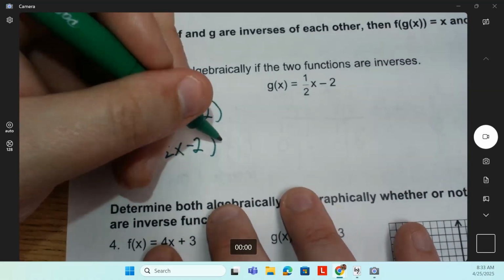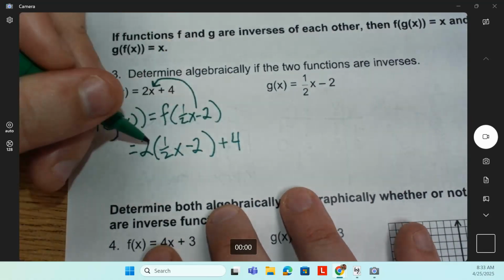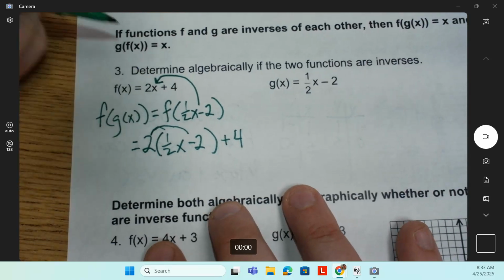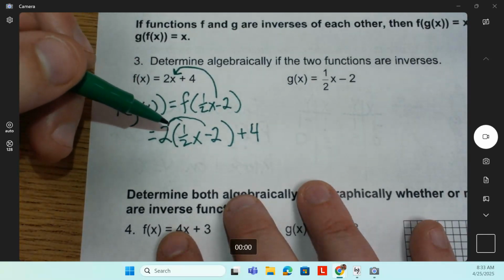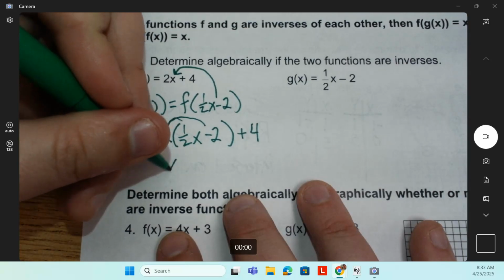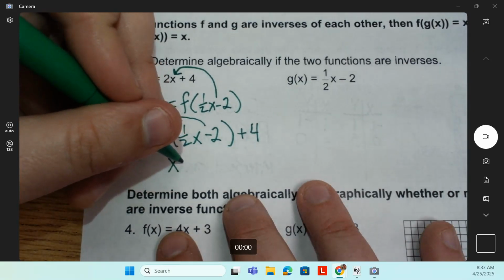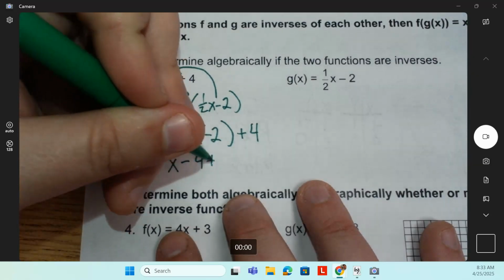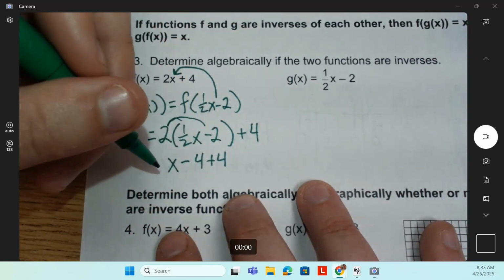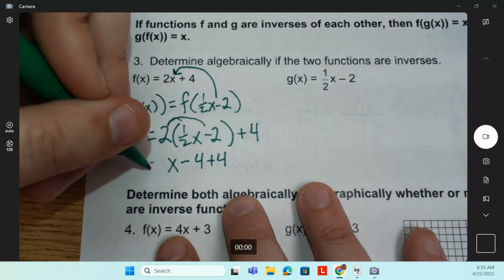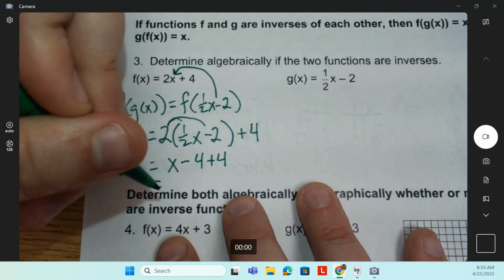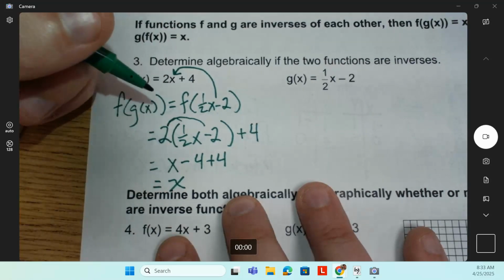And then we still have the plus 4 at the end. I'll distribute that 2 out. 2 times 1/2 gives me 1, so that would be x. 2 times -2 gives me a -4. And then a positive 4. And so that is going to equal x.